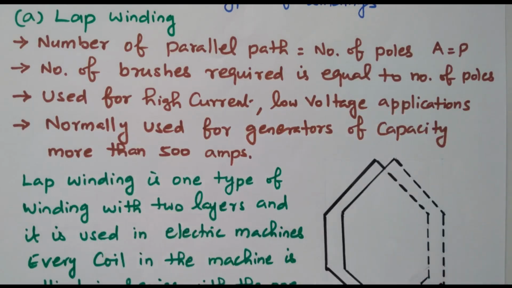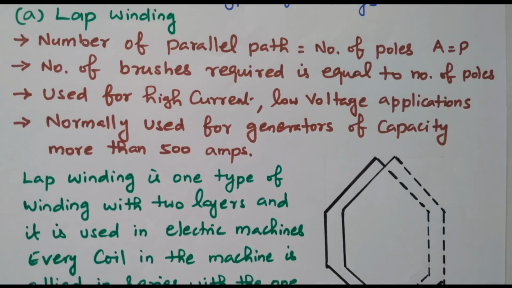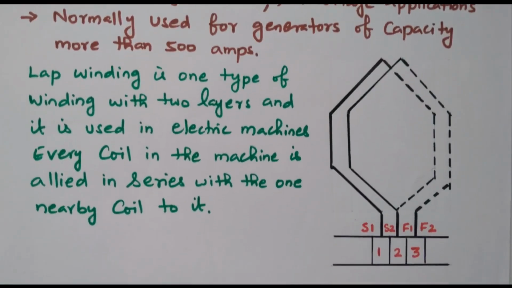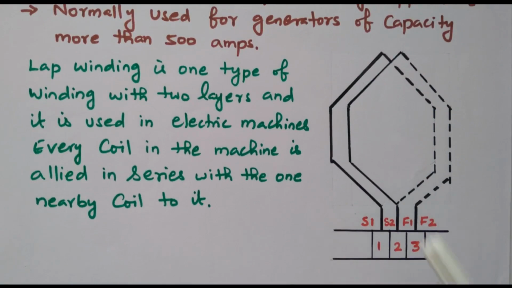Now we will see what this winding is and how it is connected. So this is a coil. These coils are available, and this is nothing but a commutator. There are n number of segments available. In lap winding, the number of poles equals the number of parallel paths, so 4 poles means 4 paths.